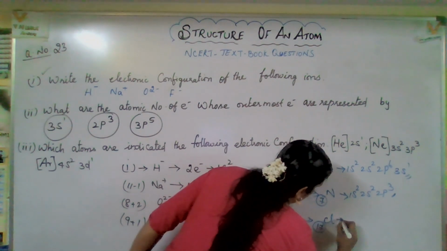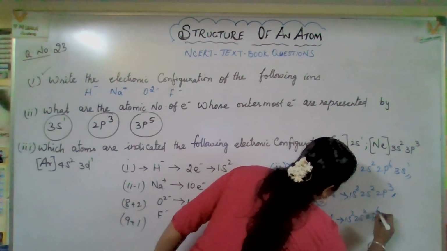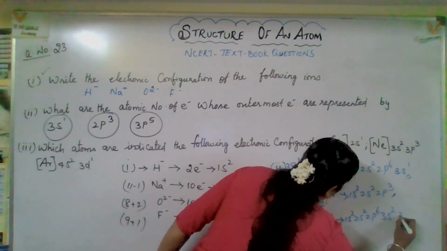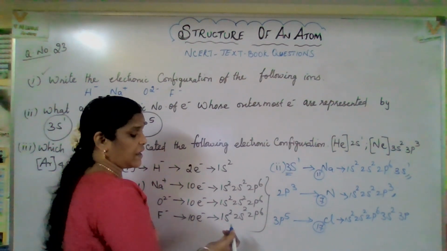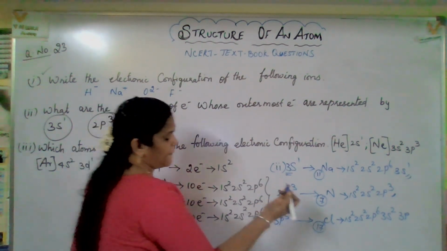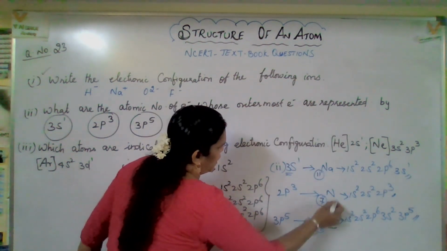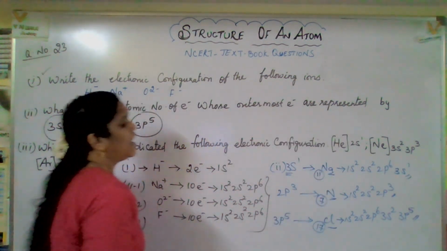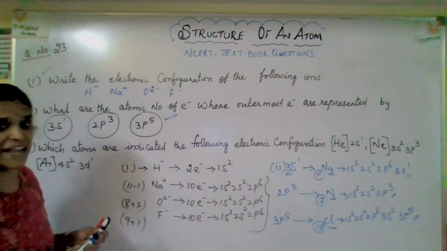Right? That means 1s2, 2s2, 2p6, 3s2, 3p6 means 18 electrons, that is argon. But here 17. 3p5. So this is chlorine atom. I hope you got a clear idea how to identify this kind of question. It's really interesting, right? Yes.